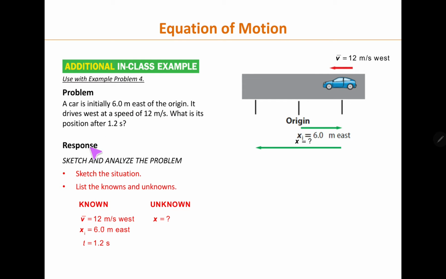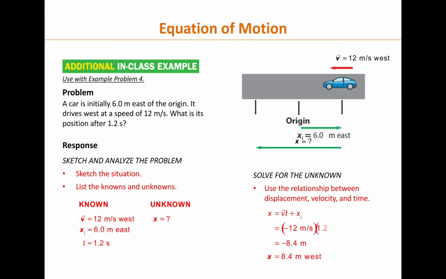What is its position? So I need the final position, x final, the unknown in this question. After 1.2 seconds, that means we have the time, which is t equal to 1.2 seconds.